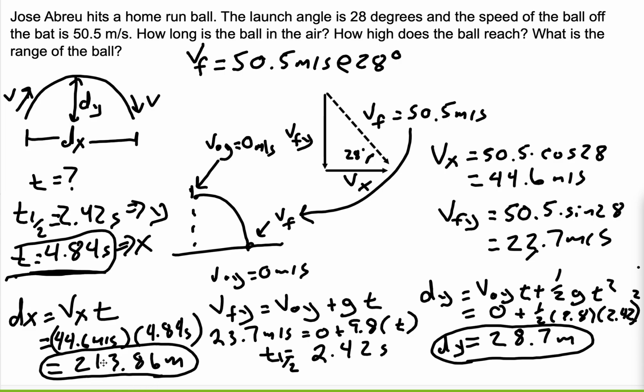So to kind of put that in perspective, you guys, that would be roughly 700 feet. That would be a really monster home run, okay? In reality, in the real world, the ball wouldn't reach that far. Can anybody tell me why?